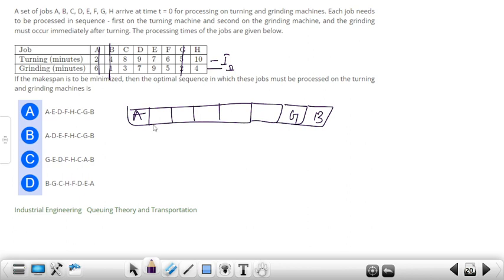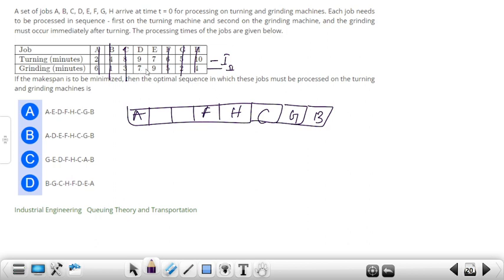Next minimum is 3, which is C, a grinding operation on the second machine, so put it on the right side. Next is 4, which is H, grinding second operation, taken on the right side. Next 5, which is F, grinding operation second side, so put it on the right side.